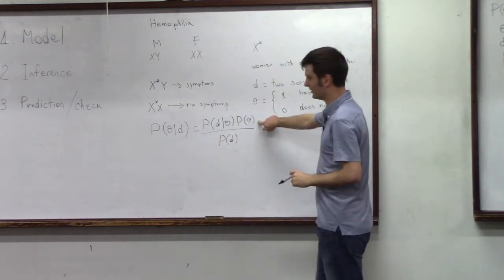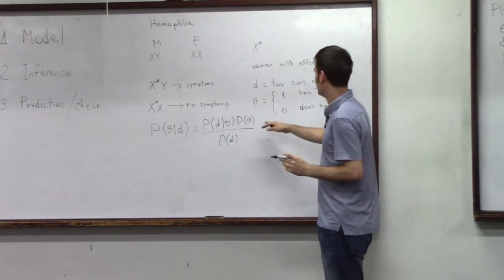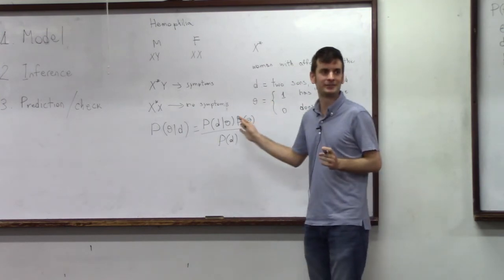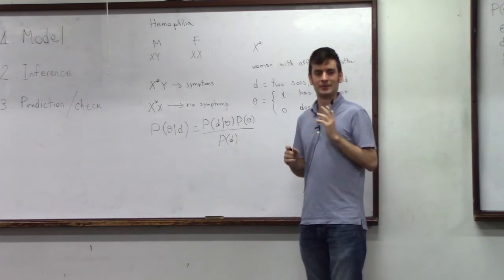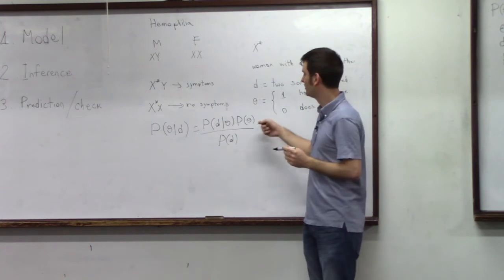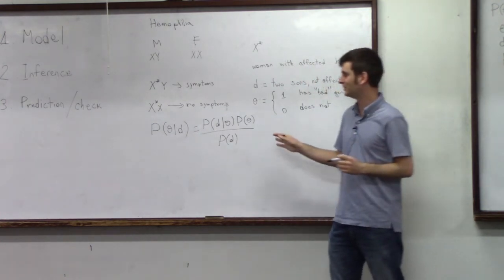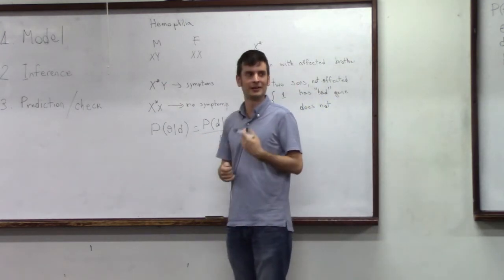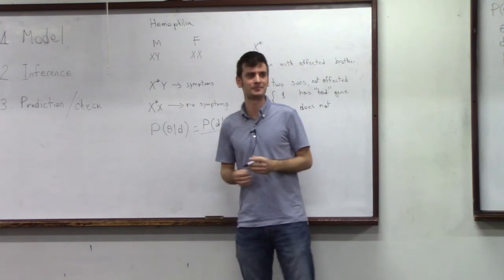Now, what is this? This is just the probability of a particular value of theta independently of the data. This is called the prior probability. This is the probability that we assign to a specific value of theta before we carry out the experiment, or before we look at the data.